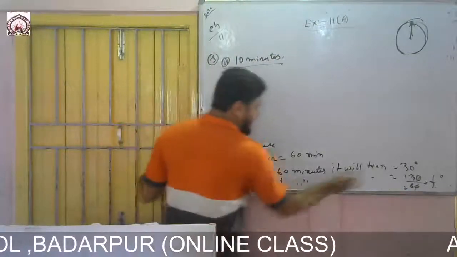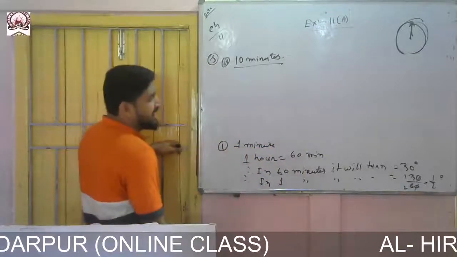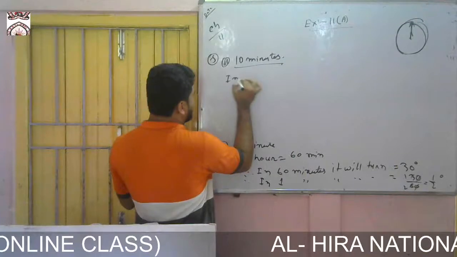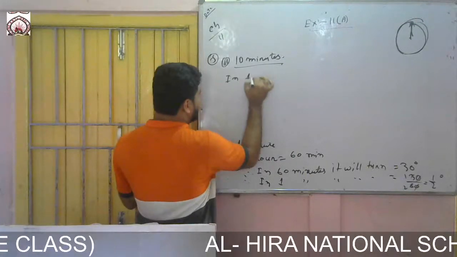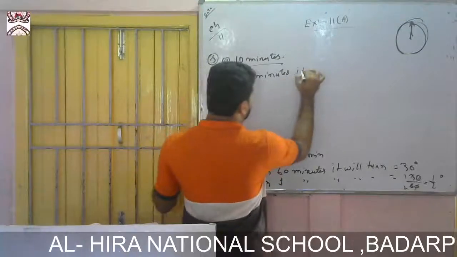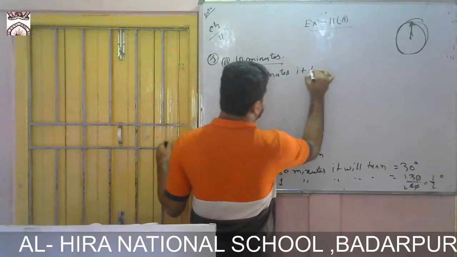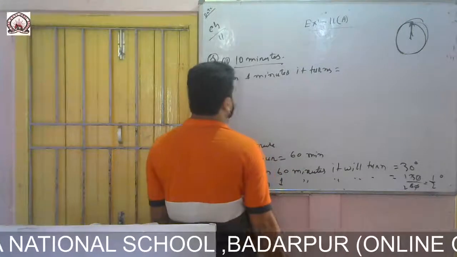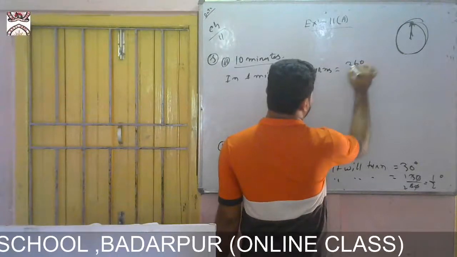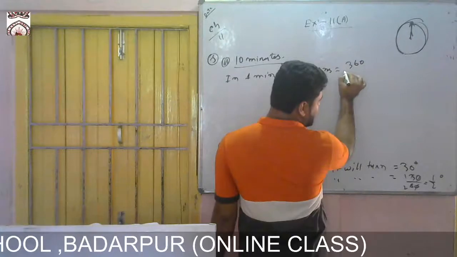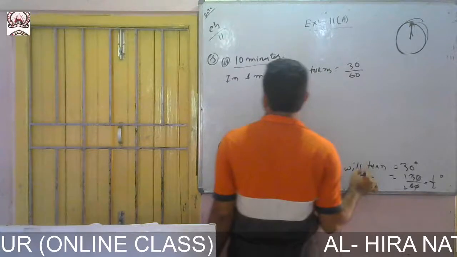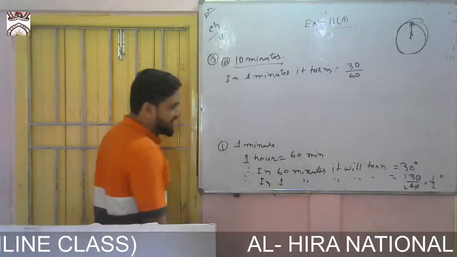In 1 minute it turns half. So in 1 minute it turns 30 by 60.